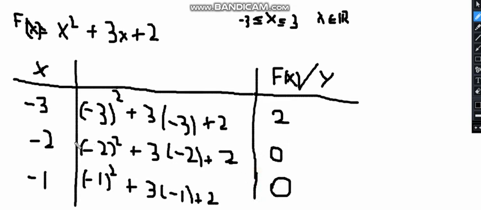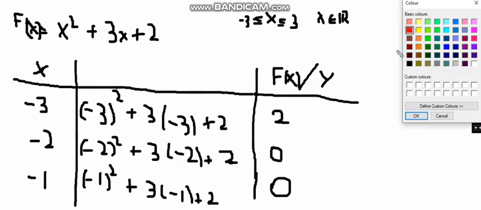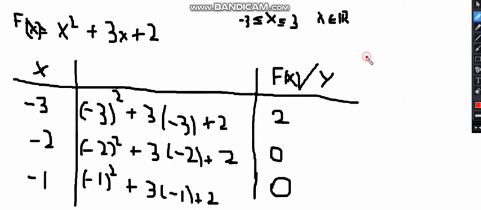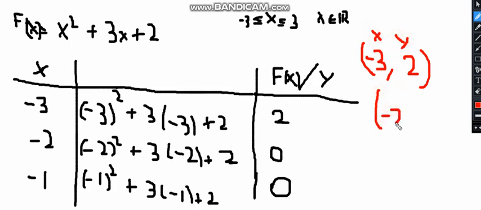Okay, so now we have 3 points, okay? So just to start off with, we have 3 points. And these 3 points are going to be -3 is our x, okay? And 2 is our y, okay? So we write points in the form x, y, don't we? So that's a point. Then we have for input -2, we have output 0, that's another point.